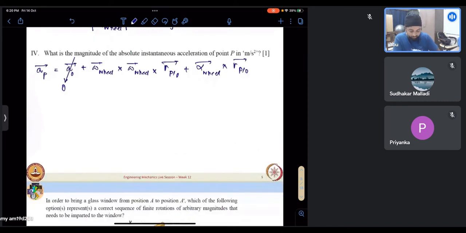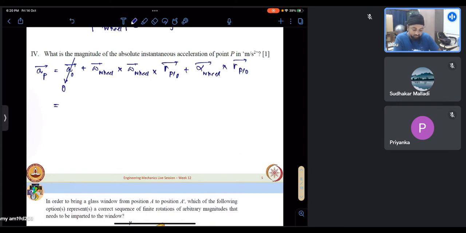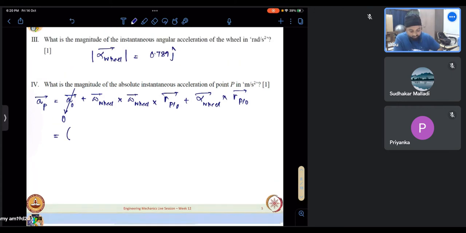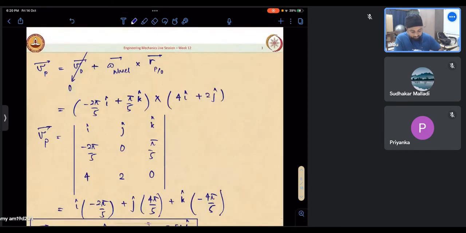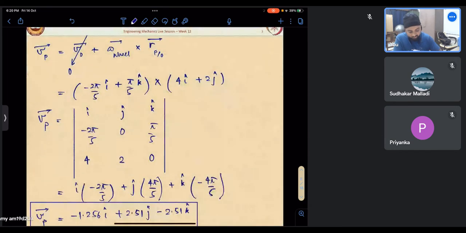This is 0 and this we got as omega of the wheel we had got here.